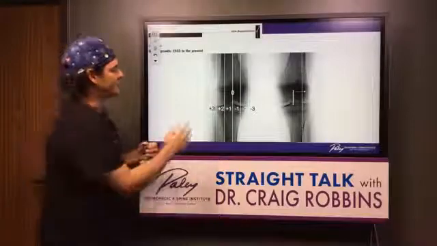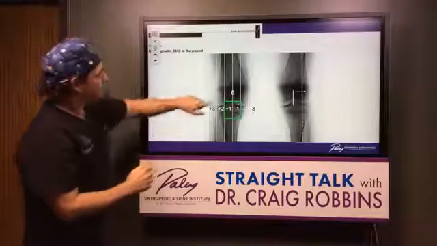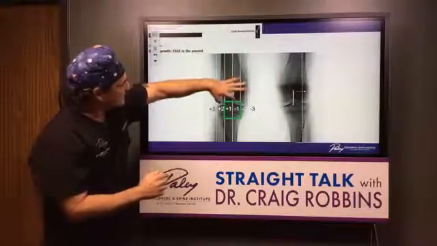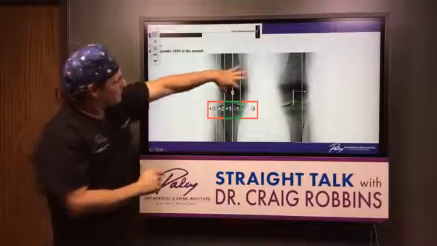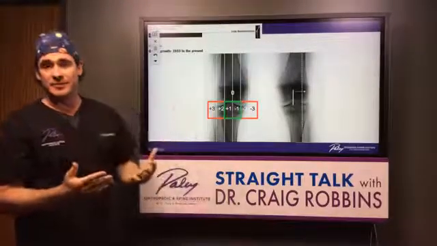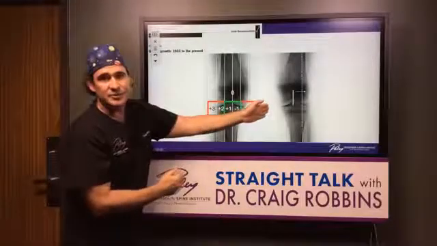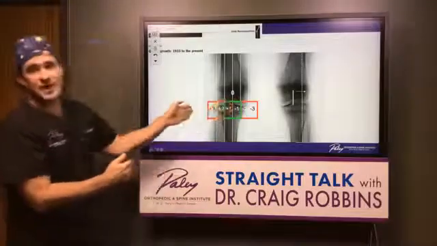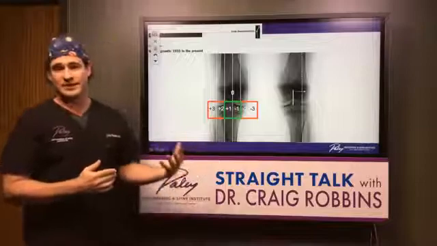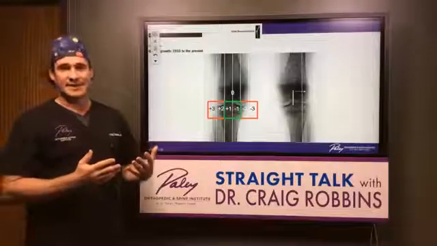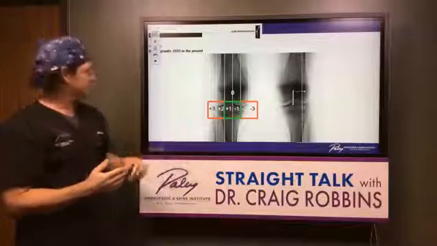In a very general sense, if that weight-bearing line passes in the inner half of the knee, you're not going to have any problems. If that weight-bearing line is passing too much to the inside, which means you're bow-legged, or too much to the outside, which means you're knock-kneed, that's when we worry about future problems such as arthritis. Arthritis is a very complex thing, and there are many factors that affect it in addition to the shape of your legs.